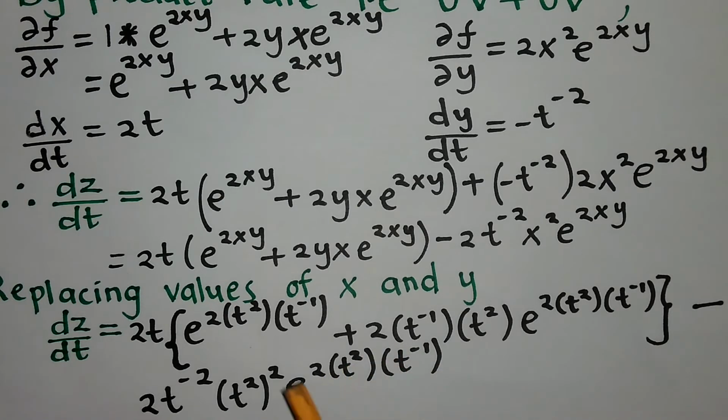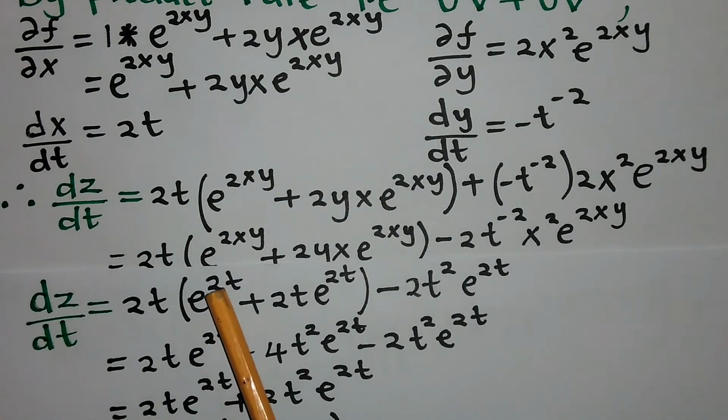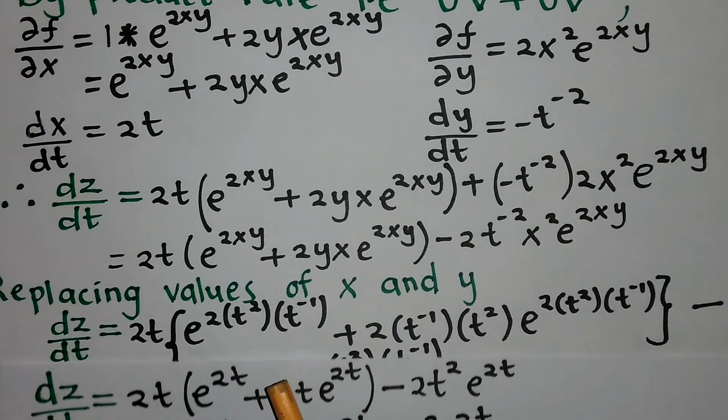Then after replacing, you can now simplify by multiplying, for instance, t squared by t raised to power negative 1. Whenever we have the same variables, according to the rules of multiplication, we are going to add. That is 2 plus negative 1, which is the same as saying 2 minus 1. So we're going to have t raised to power 1, exponential 2t raised to power 1.